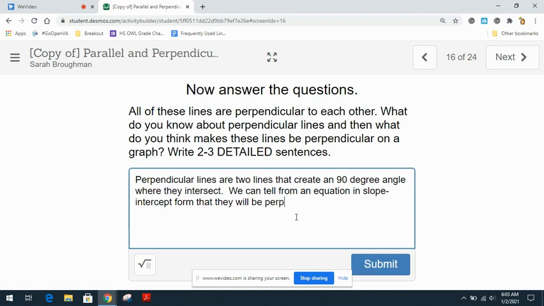Not parallel, perpendicular. Because slopes will be, we call them opposite reciprocals.